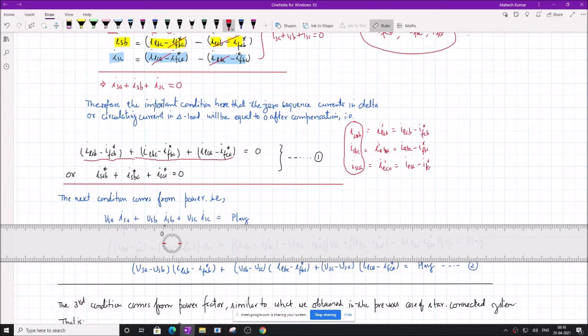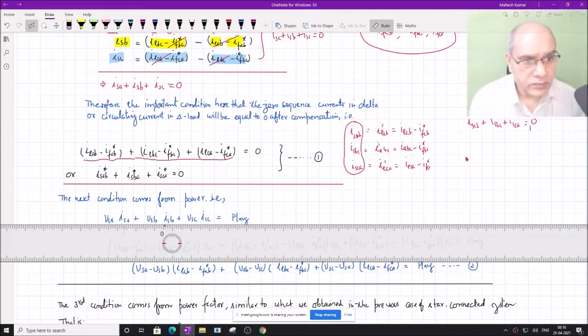And if I take the zero sequence, positive sequence, negative sequence, then zero sequence is ISAB plus ISBC plus ISCA must be equal to 0. It means the zero sequence within delta, because zero sequence won't exist outside in the line currents, therefore we are looking for the zero sequence currents within the delta. Okay, this is a very interesting point, please note it.